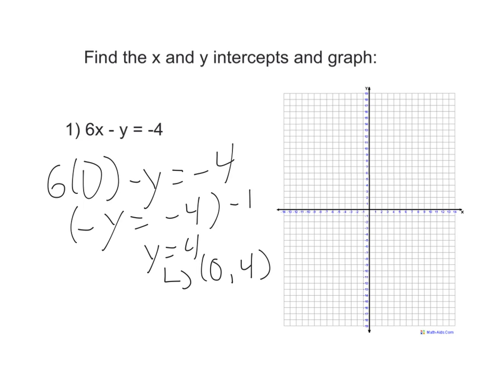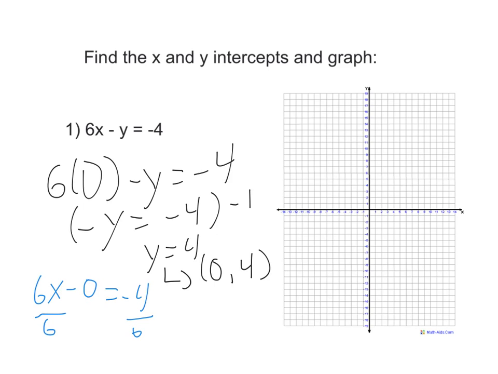Now we're looking for our x-intercepts. We have 6x minus 0 equals -4. So minus 0 obviously doesn't do anything to us. So let's just divide both sides by 6. Divide by 6.